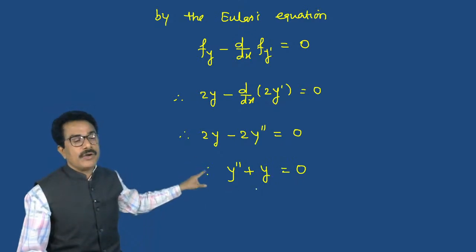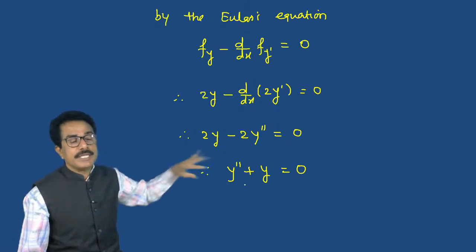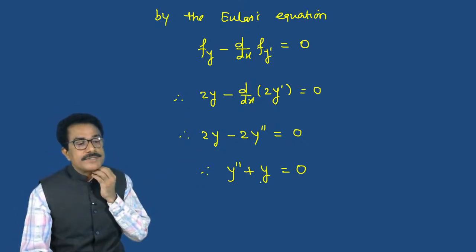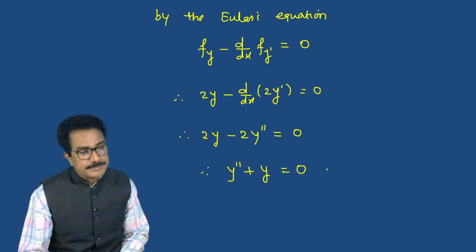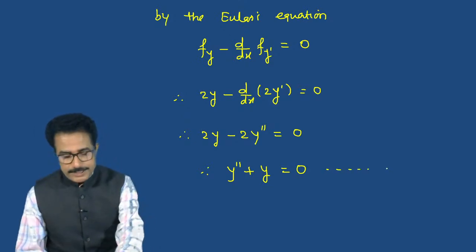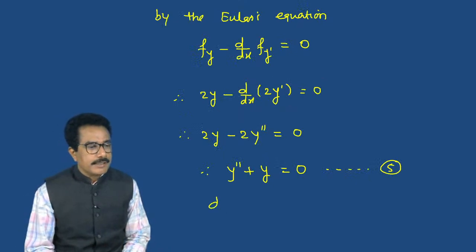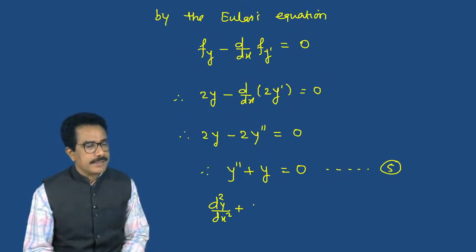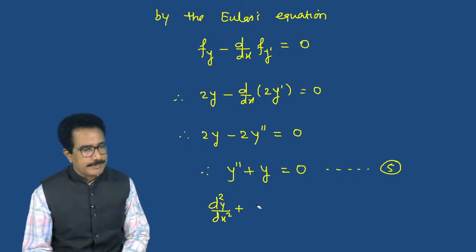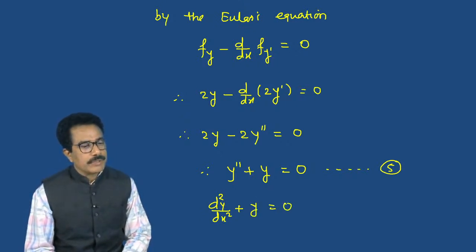This is the second order differential equation, equation number 5, which is d2y by dx square plus y, which is equal to 0.